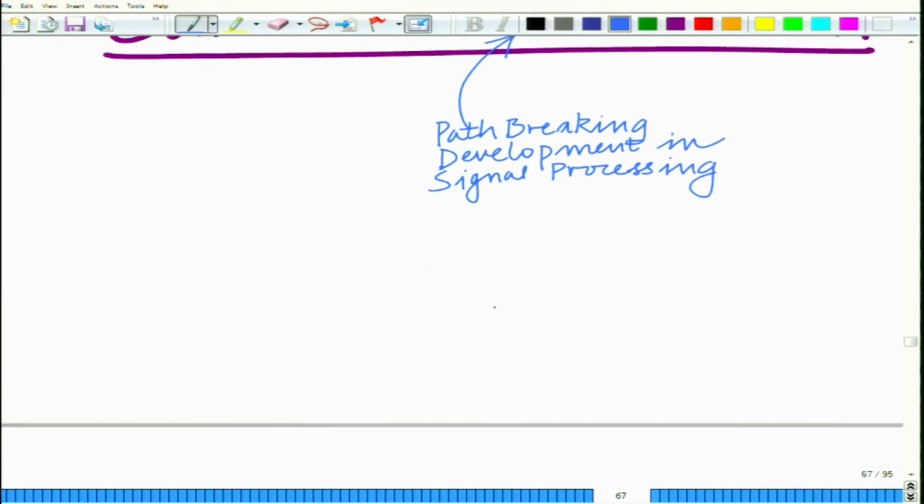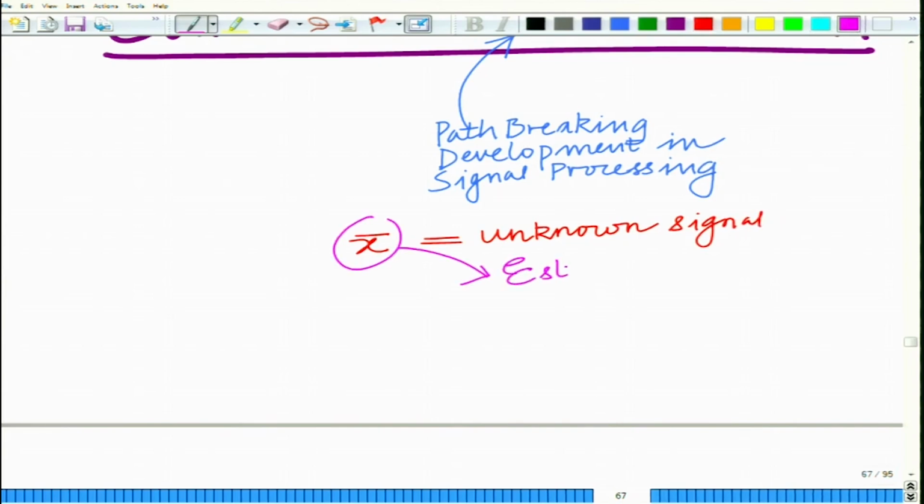And to understand compressive sensing, let us start by considering a signal x bar which is unknown. X bar is an unknown signal, and this has to be therefore either estimated, or you can also say recovered or reconstructed.